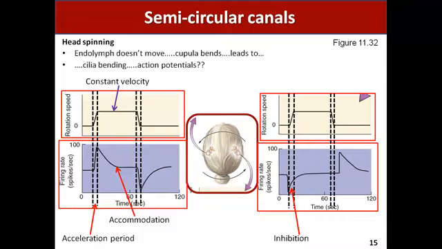And during that acceleration period in the opposite direction, this figure is slightly offset here, but we see a very rapid increase in firing rate of the right-sided axons that will eventually accommodate back to a tonic level.